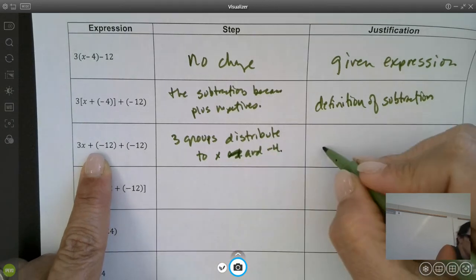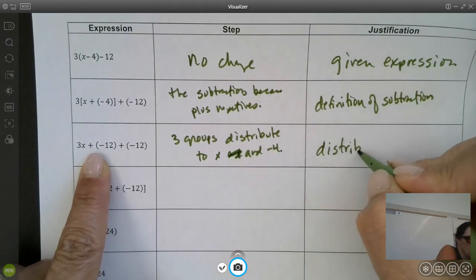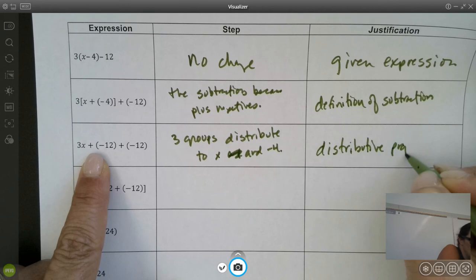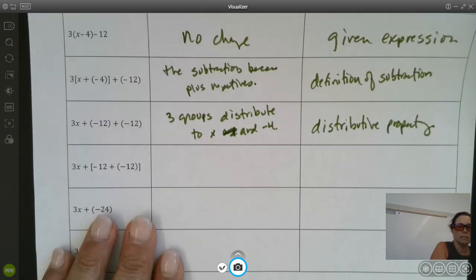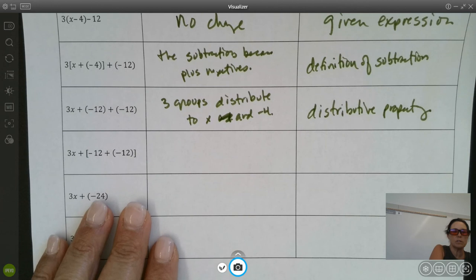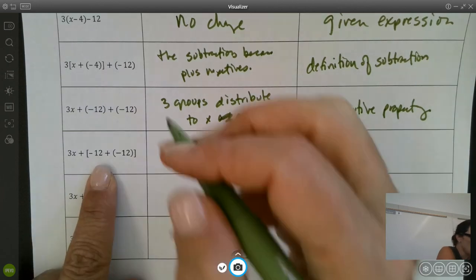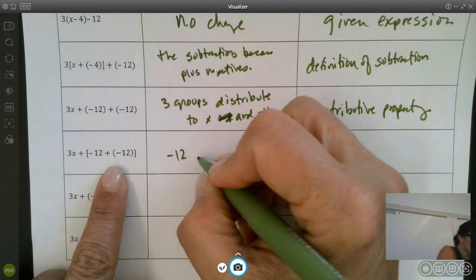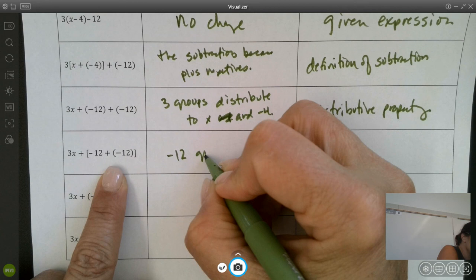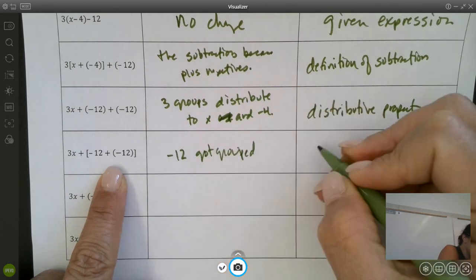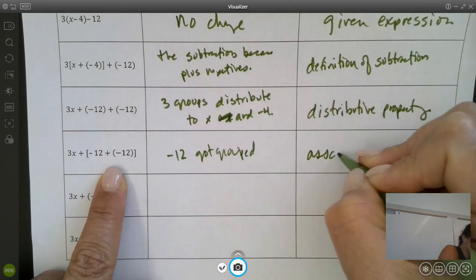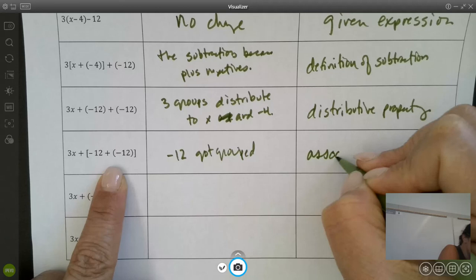That's the distributive property. Then, doesn't it look like the negative 12s got grouped? Associative property.